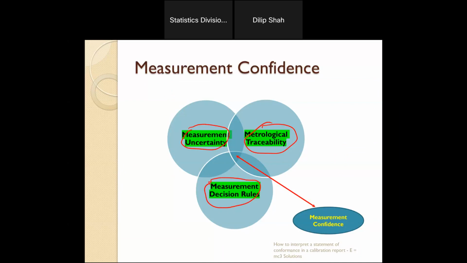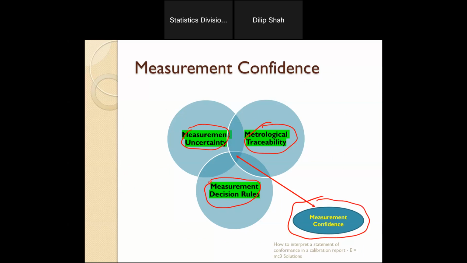When we use them properly, and then we accept or reject that measurement, that provides us the confidence we need for our application. This is what I call measurement confidence. Without the three, I can't have the measurement confidence that I need for my application.